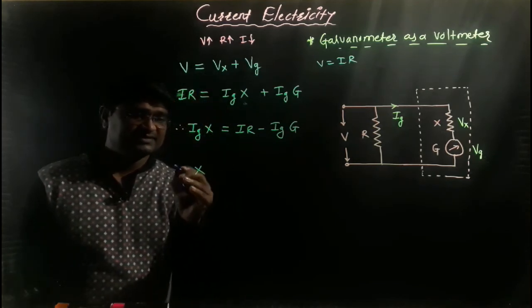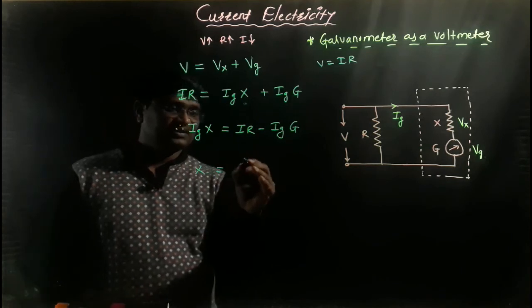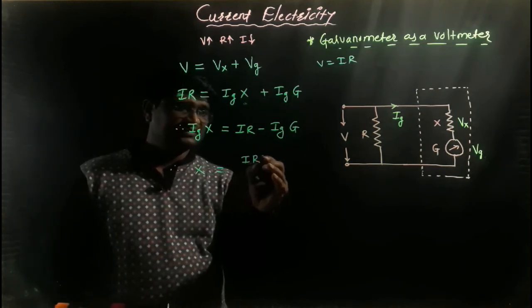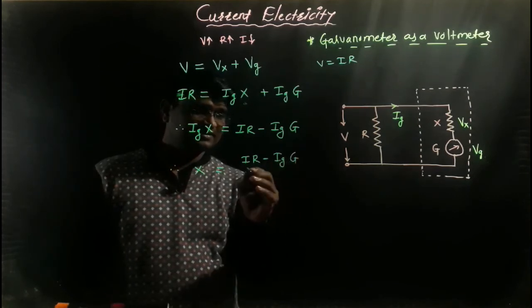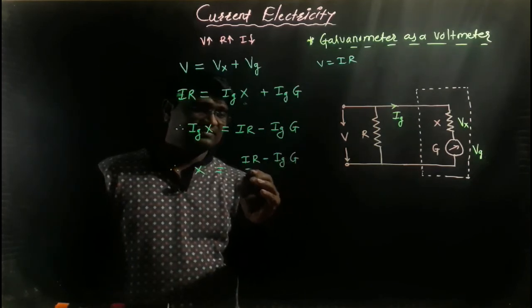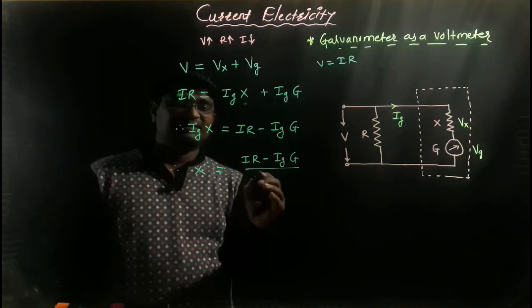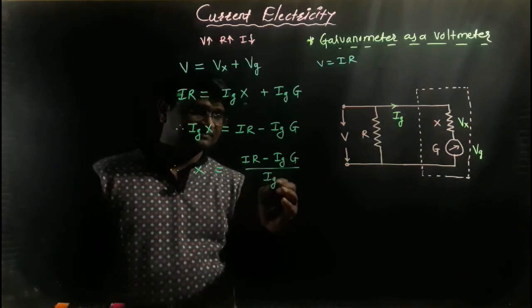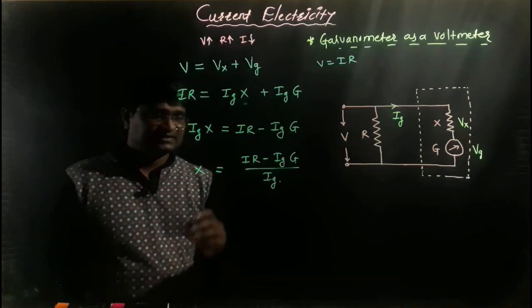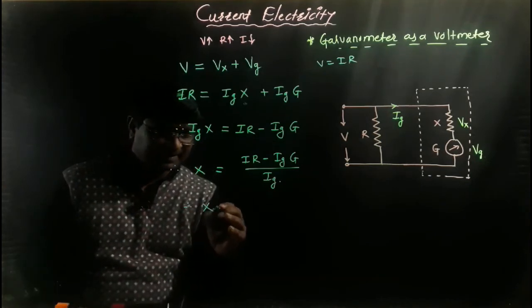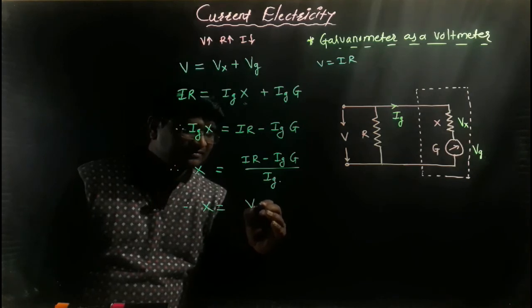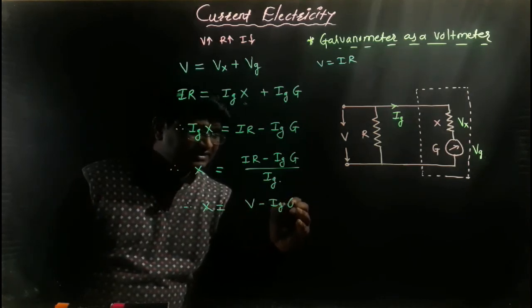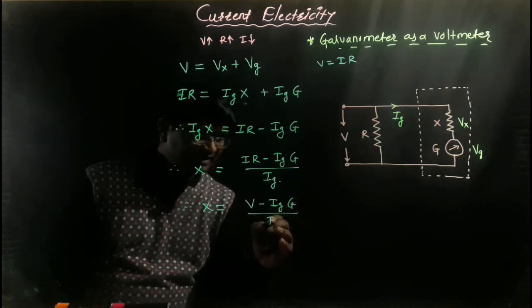So X is equal to IR minus Ig G, divided by Ig. IR means the potential V, so X equals V minus Ig G, divided by Ig.